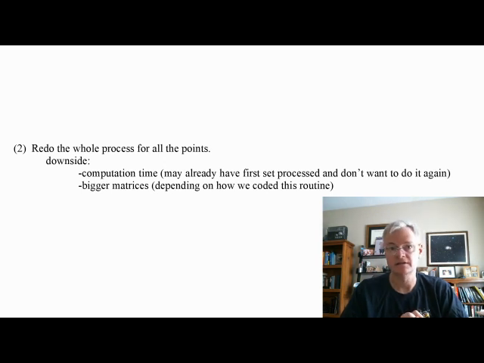The problem is that you're recomputing a lot of stuff that you've already done, those first 17 data points, and these matrices are going to get bigger and bigger each time you redo it, and now you have 5,000 data points. These matrices get pretty big.